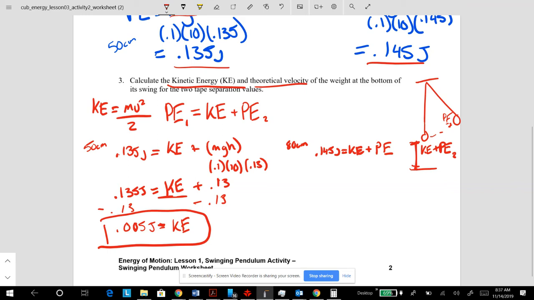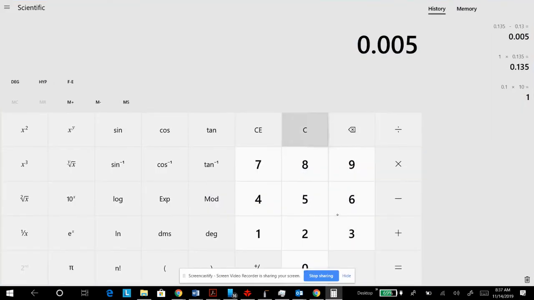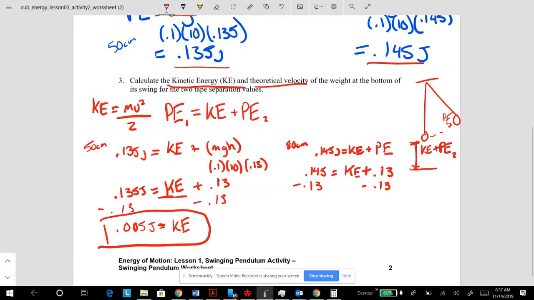When we calculate the potential energy as it hangs there, it stays the same, so I can use the same value as before, 0.13. Now I just solve simple algebra. Plug it in: 0.145 minus 0.13 is 0.015. So 0.015 is equal to kinetic energy.